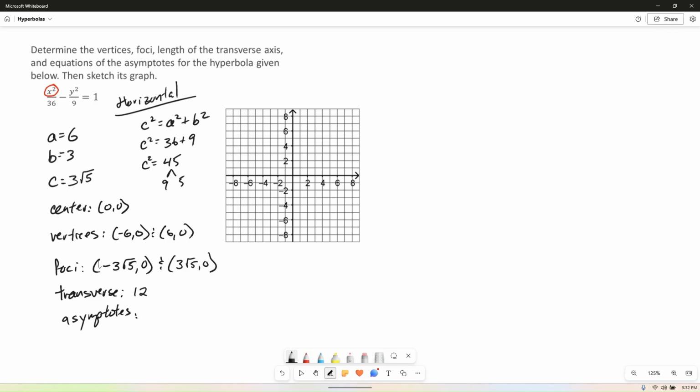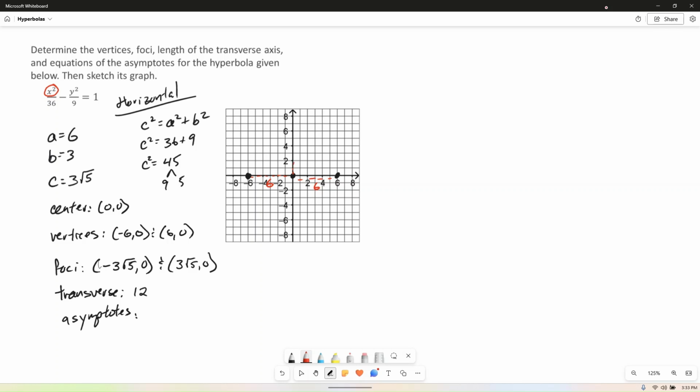Let's start drawing the graph first, and then we'll come back and look at the asymptotes. All right, so we know the center is at 0, 0. We know the vertices are at 6 and -6. So from 6 to -6, that is the value of a. So a is 6 to the left and 6 to the right. Okay, so that's the a value, which means the b value is vertical, and the b value is 3.